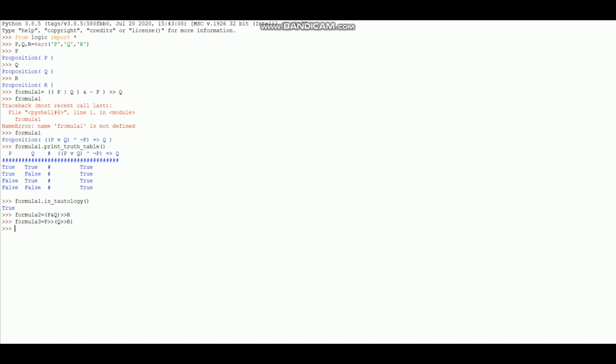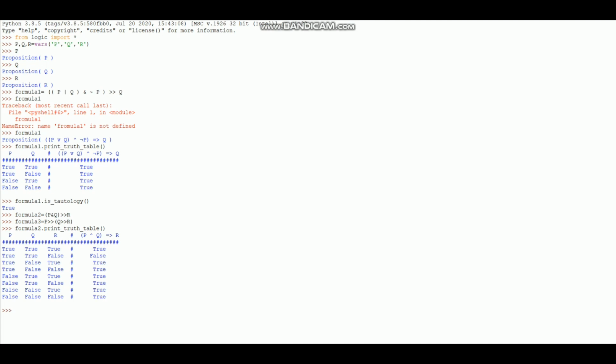And now we will print the truth table of formula 2, and here we can see the truth table of formula 2. And now we will check the truth table of formula 3.